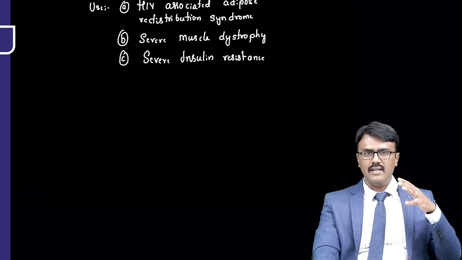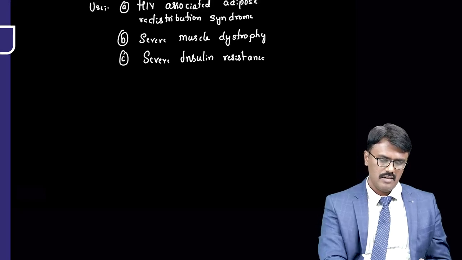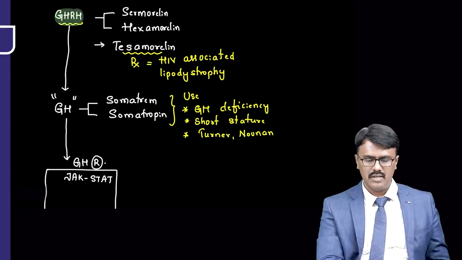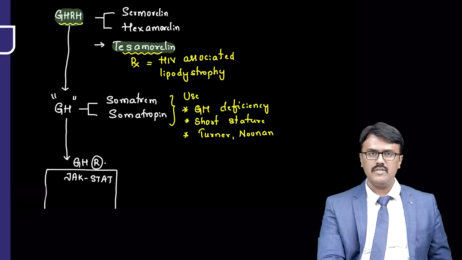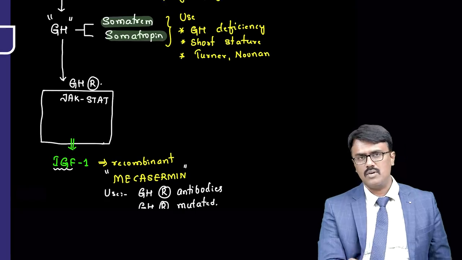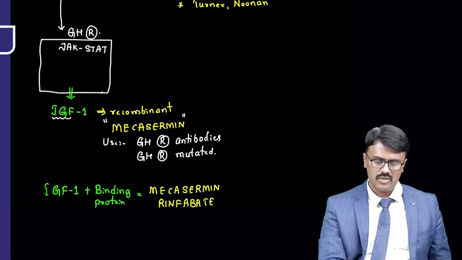So guys, these things we have given in a flowchart. You can just follow this. See, GHRH analogs are sermorelin and hexamorelin. Now we are not using them anywhere, but the only drug that is used is tesamorelin. It is used for HIV associated lipodystrophy. So the growth hormone preparations are somatropin and somatropin. They are used in growth hormone deficiency, idiopathic short stature, Turner and Noonan syndromes.